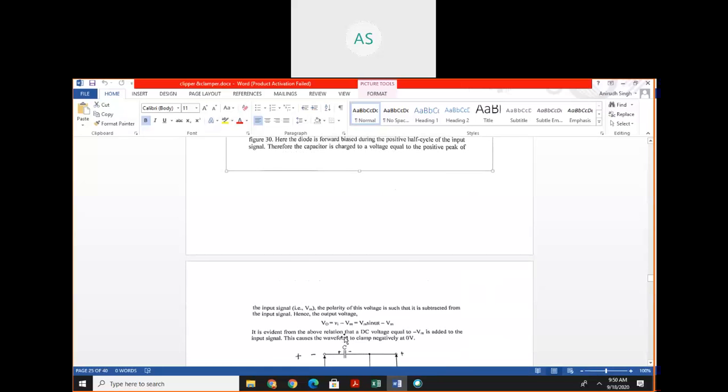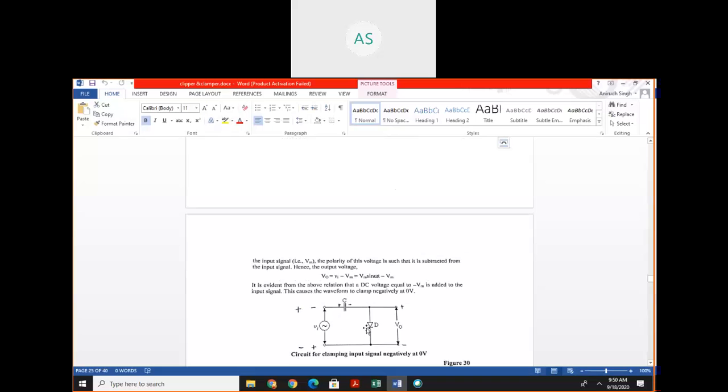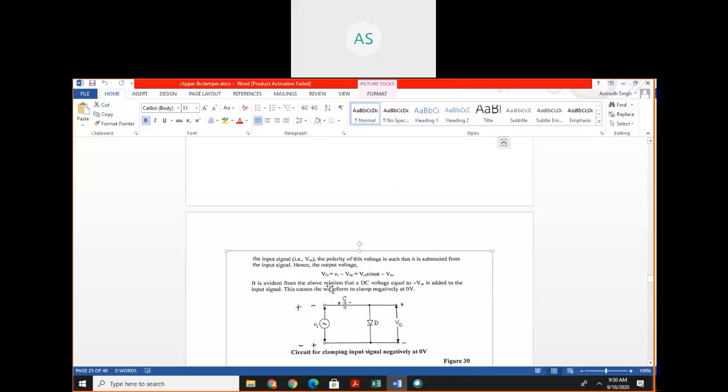Then for the positive half cycle, this terminal is positive and this terminal is negative, and in this case this Vm is added to the Vi, and we get the expression Vo is equal to Vi plus Vm, which is equal to Vm sin omega t plus Vm. Clear?